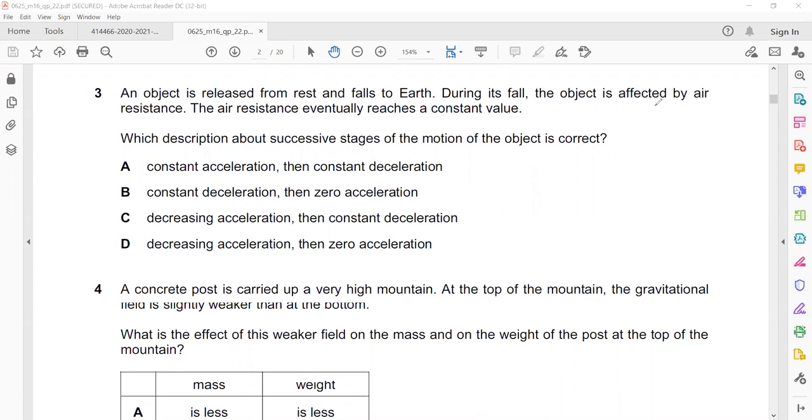During its fall, the object is affected by air resistance. So air resistance opposes its motion.